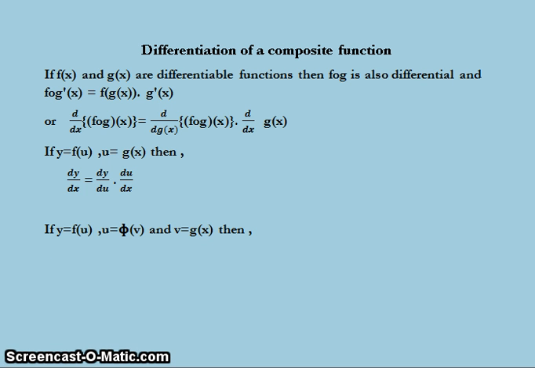If y is a function of u, u is a function of v, and v is a function of x, then dy by dx is equal to dy by du into du by dv into dv by dx. This is also known as the chain rule, which is very useful in differentiation.